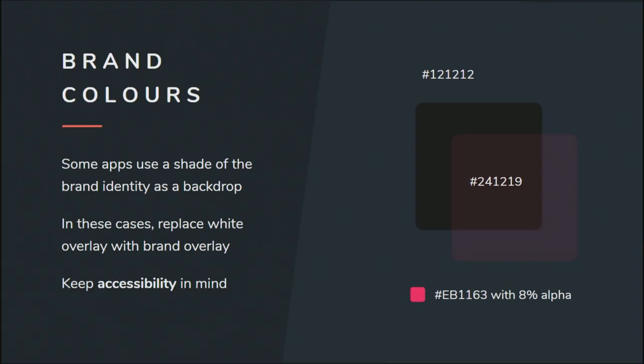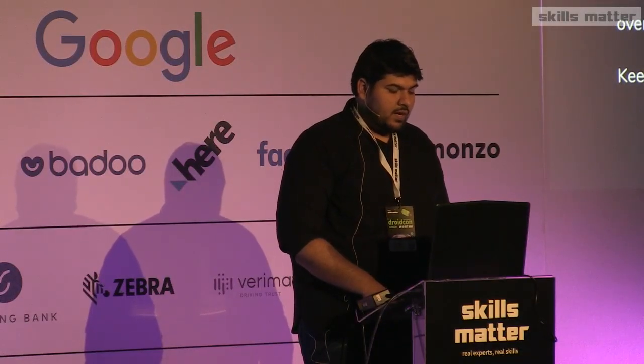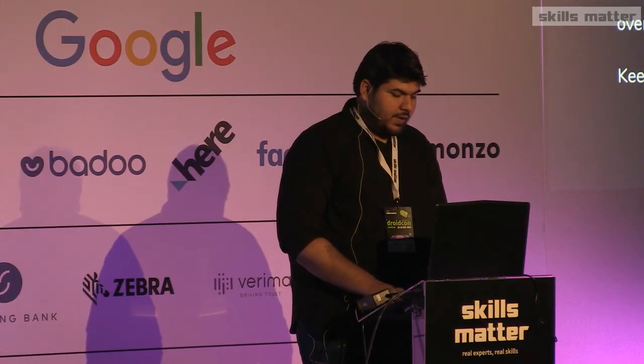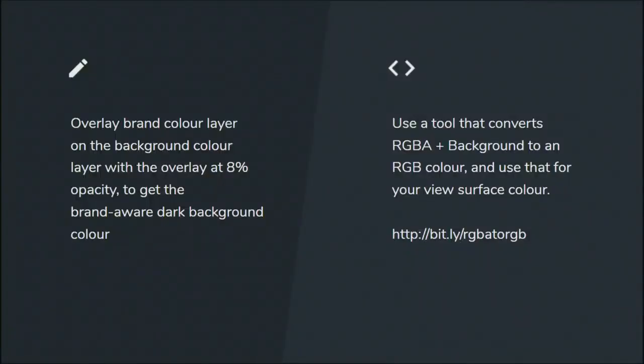In this context, if you're a designer handing off to a developer, you definitely have to give hex codes. How do you get those hex codes? Well, as a designer, you set an 8% opacity overlay on the hex code that Android has given you. So assuming you have a brand color that's completely red, and you take the default value for Android's dark color, which is 121212, you overlay your brand color on top of that and set an 8% opacity to it.